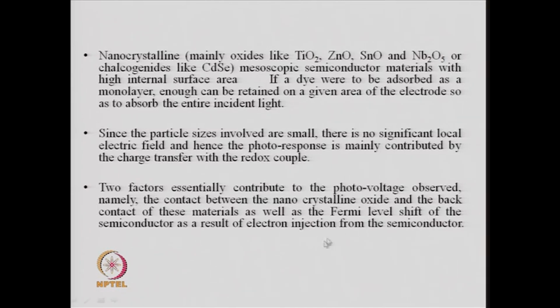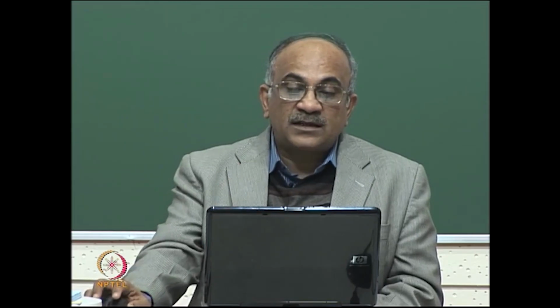So, this back contact of the material as well as the Fermi level shift of the semiconductor as a result of electron injection. So, when electrons from the semiconductor go into the contact to participate in the external circuit, then there is a Fermi level shift, and these two factors are important.